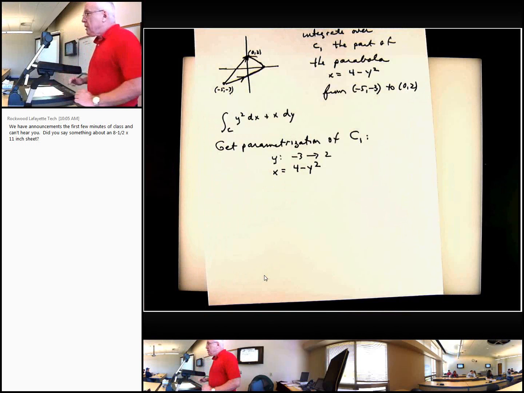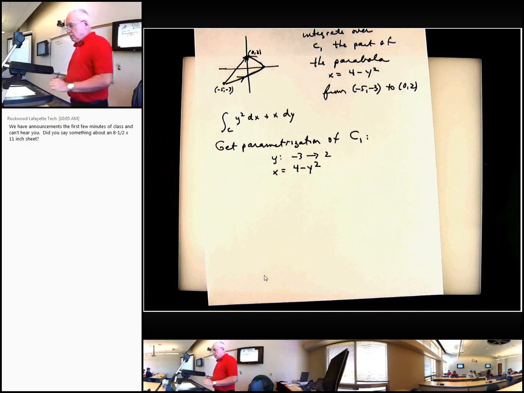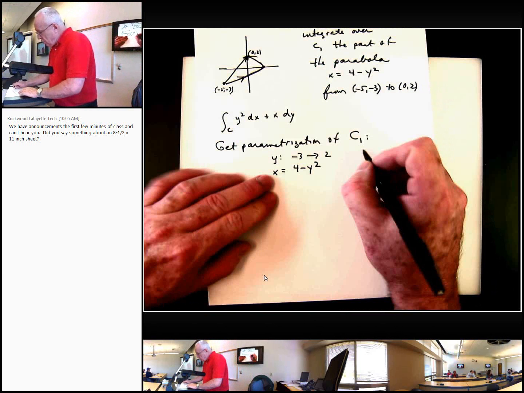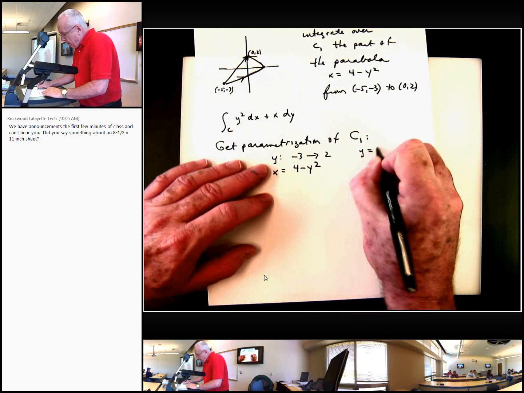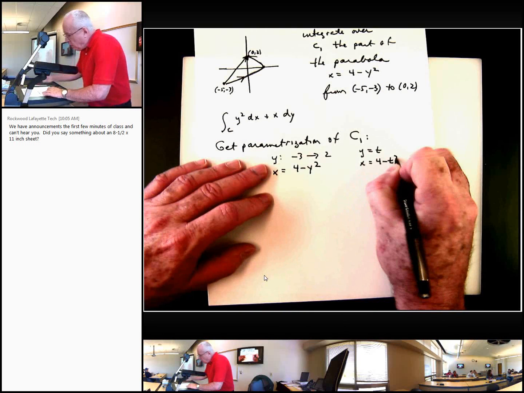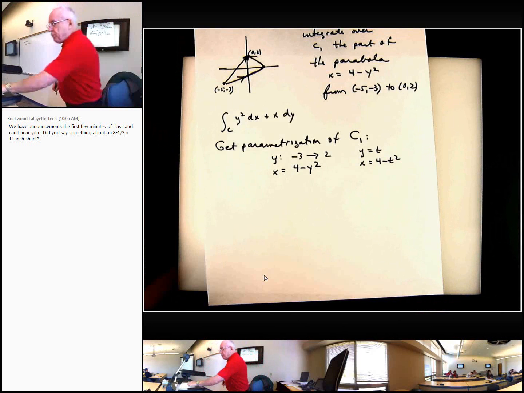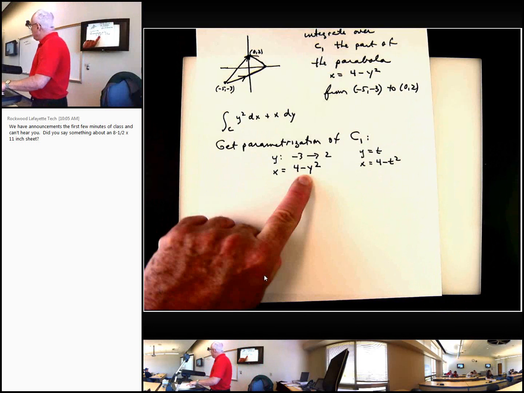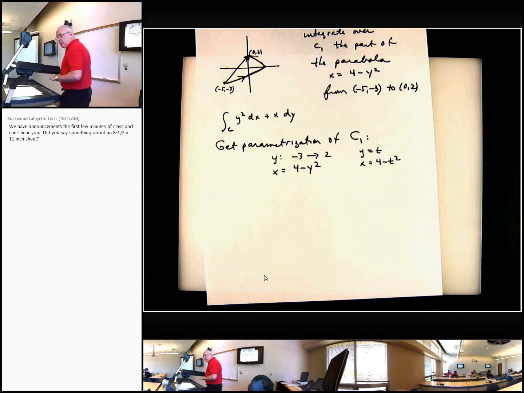So can we think of a parameterization of x and y here? Okay, what's that again, Jordan? Yes. Y equals t. X is going to be 4 minus t squared. We're going to replace the y with the t. And now y is equal to t.